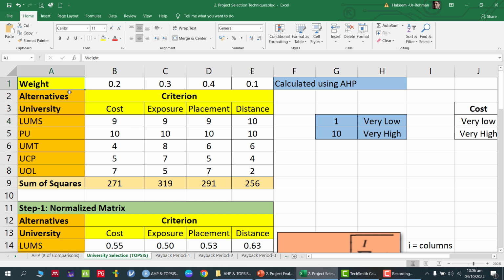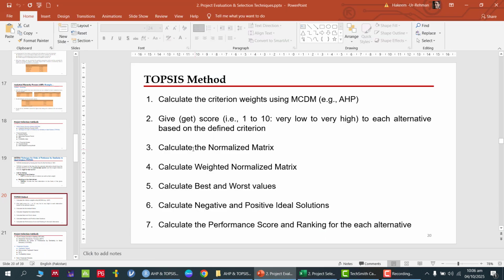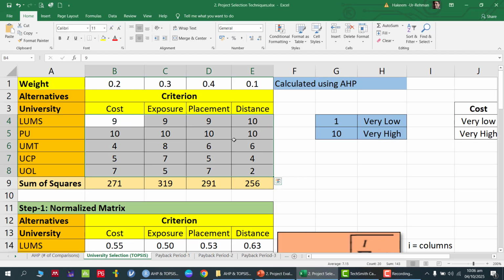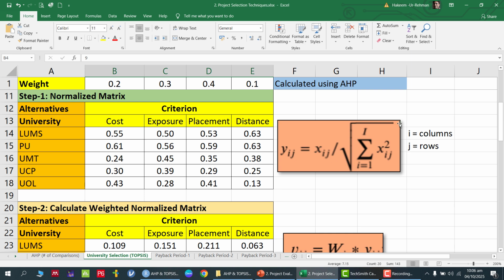So once we have the weight against every criteria, and we have the alternatives, and we have got the ratings from the experts, the next step is to find the normalized matrix. To find the normalized matrix, we are going to use this particular formula.